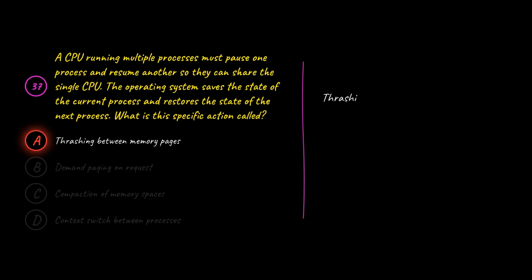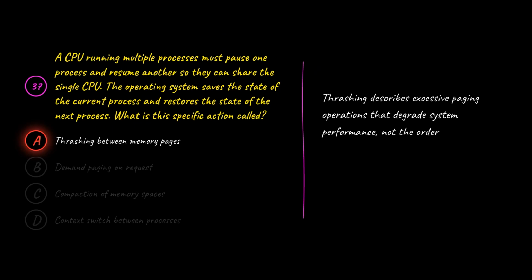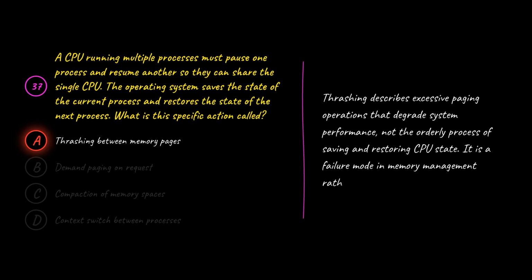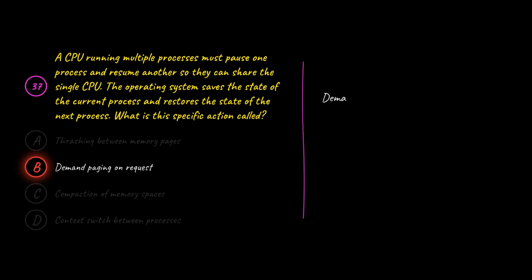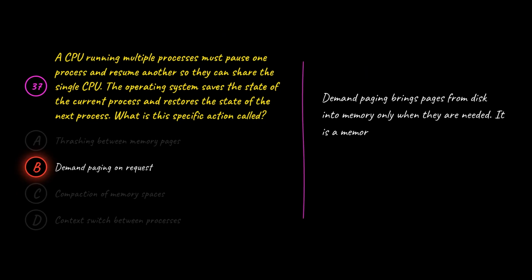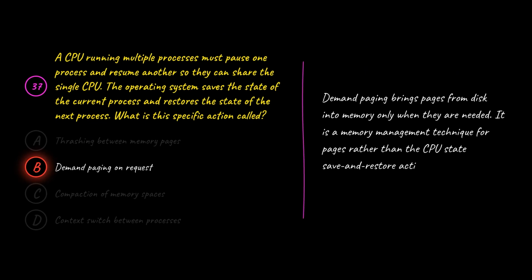A is wrong because thrashing describes excessive paging operations that degrade system performance, not the orderly process of saving and restoring CPU state. It is a failure mode in memory management rather than a planned process management operation. B is wrong because demand paging brings pages from disk into memory only when they are needed. It is a memory management technique for pages rather than the CPU state save and restore action described between executing processes here.